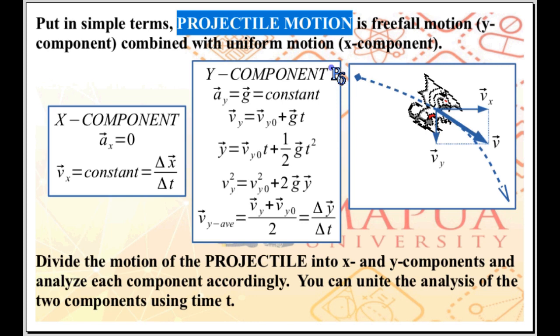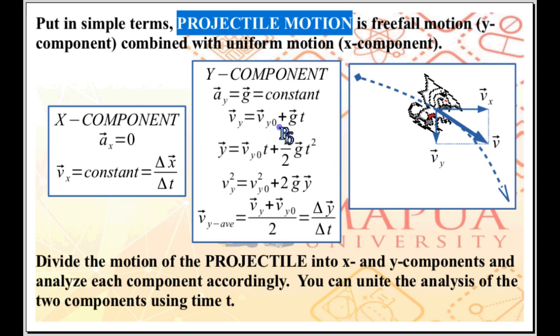Which means the y component, free fall motion, has uniform acceleration, and you have 4 equations by which you may analyze the y component of the projectile motion.